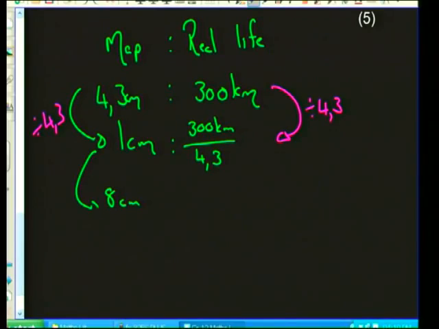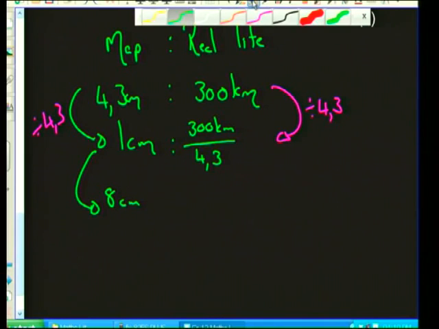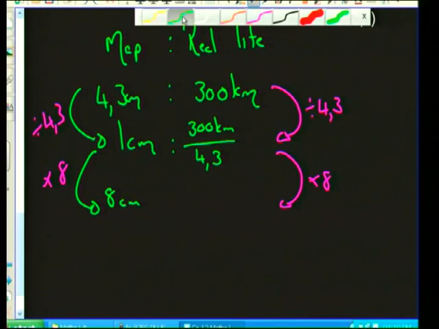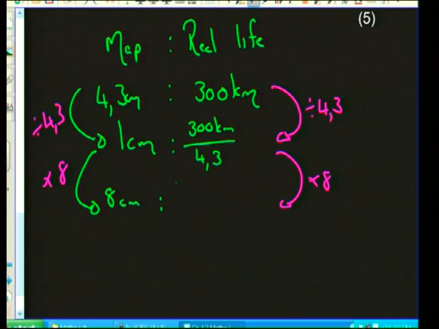So what's 8 centimeters? Well, how did I get this 1 to become 8? To become 8, I multiplied by 8. And if I do that to one side, I got to do it to the other side. So I've got this 300 over 4,3, and I'm going to multiply it by 8.